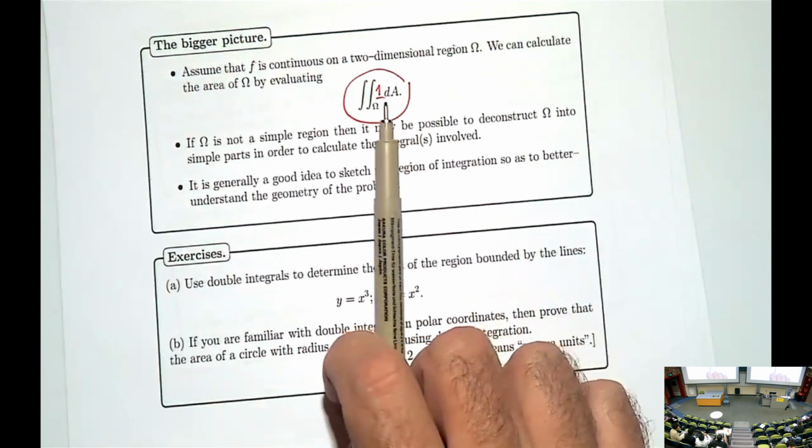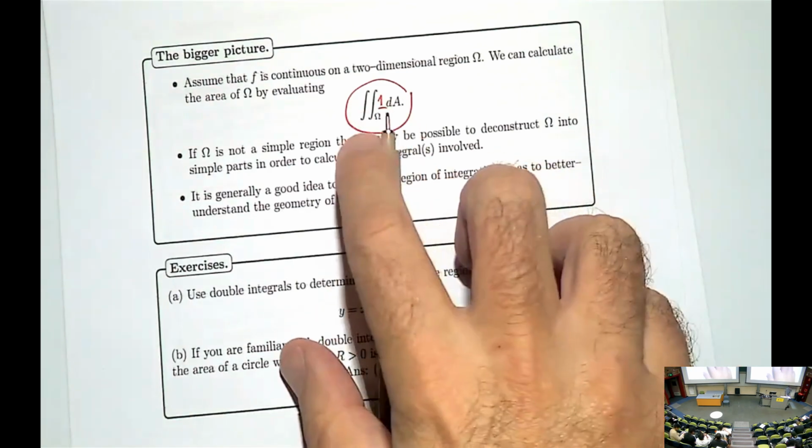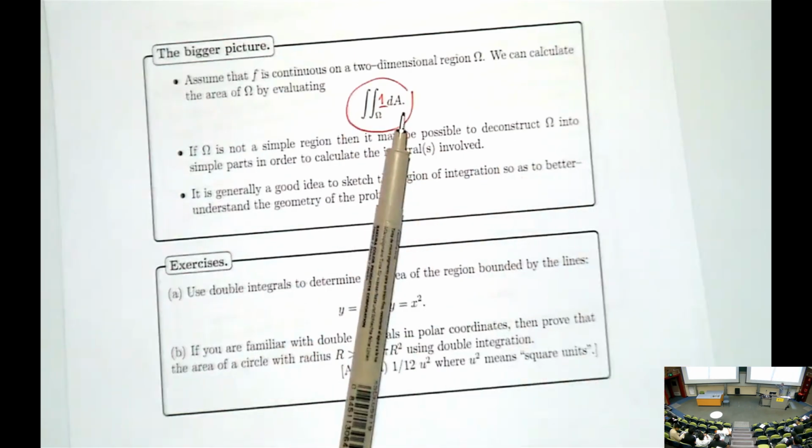Imagine you've got the horizontal plane z equals 1. So it's parallel to the xy plane. And the base is your omega shape. The base of whatever volume we want to compute is a 2D omega shape.